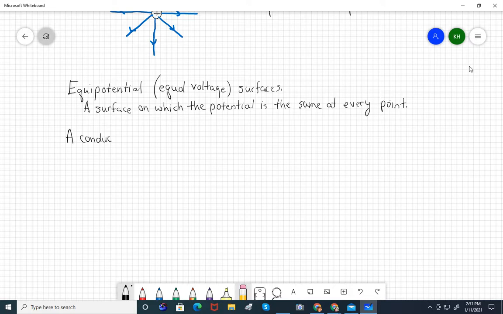Conducting surface is always equipotential. That's an important fact.